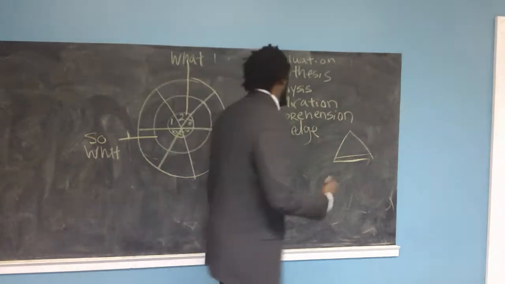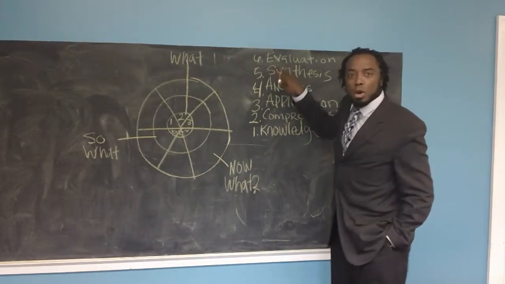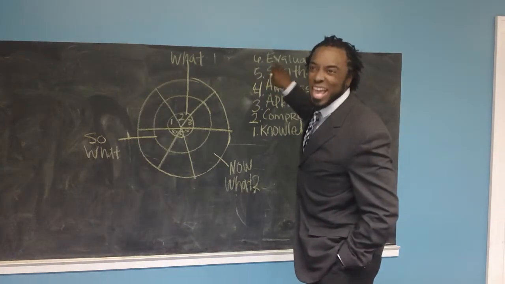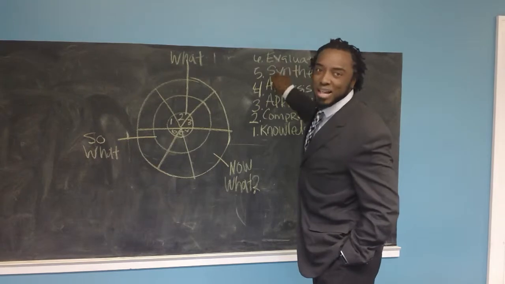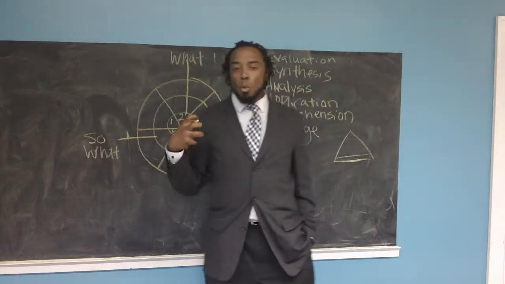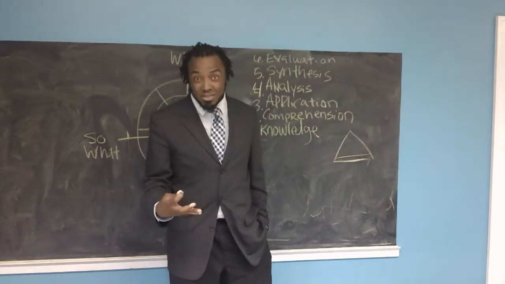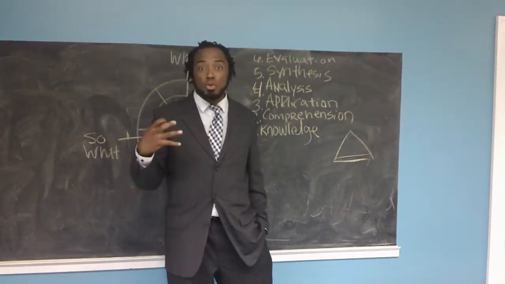Ultimately, what Bloom suggests is that for teachers, we want our students, at the end of whatever process we're participating in, to be able to evaluate what is the best decision, the best resource for whatever goal they have for themselves or for their families or for their employers.